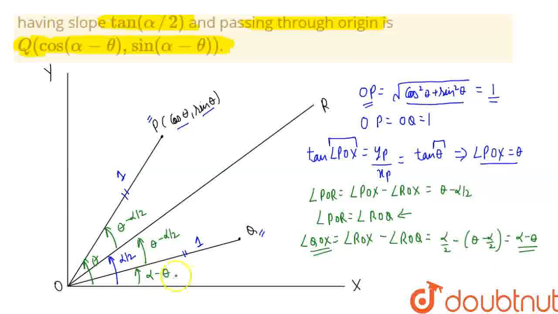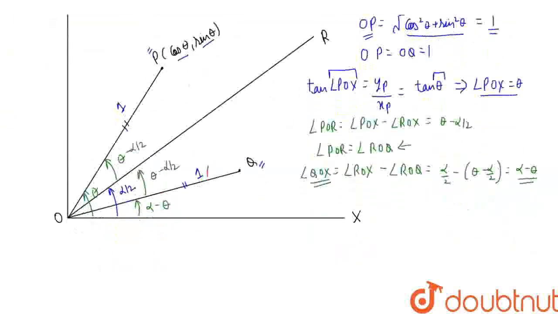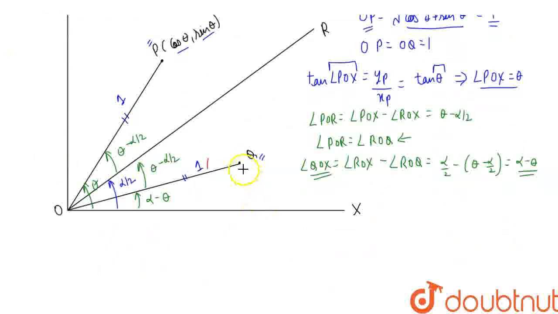Now since we know the length of the line OQ is 1 and we also know the angle QOX, that is alpha minus theta, which we have just computed. So now we can find these two lengths, this length and this length.